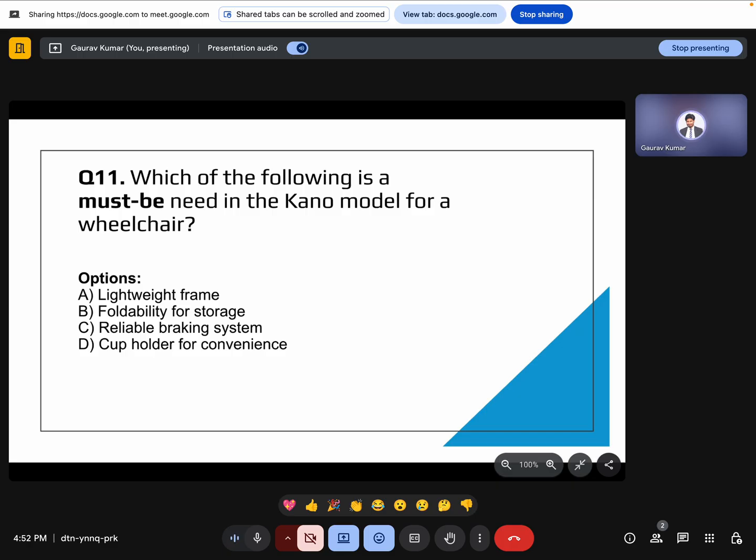Safety features in a wheelchair are assumed, so users would not even consider the product without them. The other options are incorrect because lightweight and foldability are performance needs, so they improve satisfaction linearly, and a cup holder is a delighter, not essential.